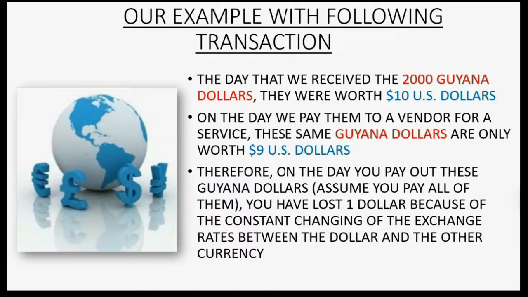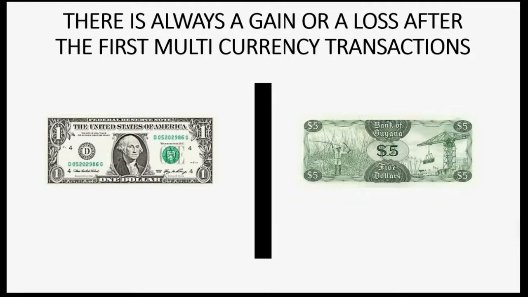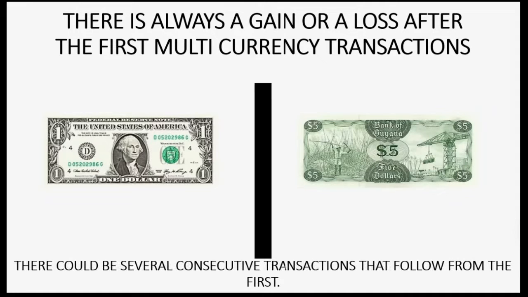Therefore, on the day that you pay out these Guyana dollars, assuming you pay all of them, you have lost 1 US dollar because of the constant changing of the exchange rates between the dollar and the other currency. And in addition to the fact that there will always be a gain or loss after each multi-currency transaction, there could be several consecutive transactions that follow from the first, which means you're gaining and losing money all the time because the exchange rates always fluctuate.